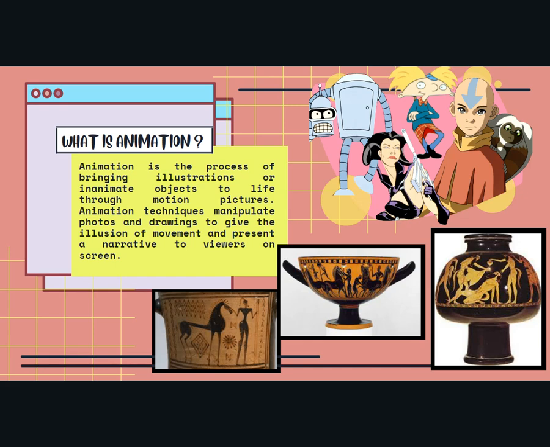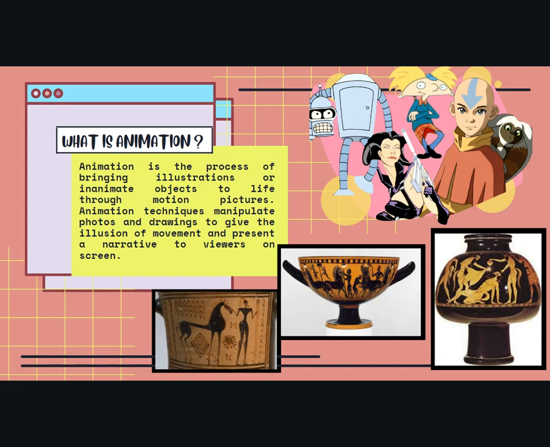Some early Grecian pottery is an early form of animation, depicting scenes of movement and expression along its surface, like a comic strip. As you observe in this picture, this is a form of animation before.